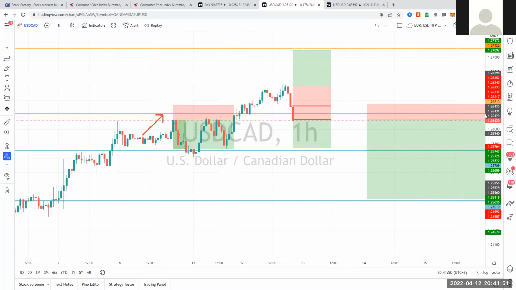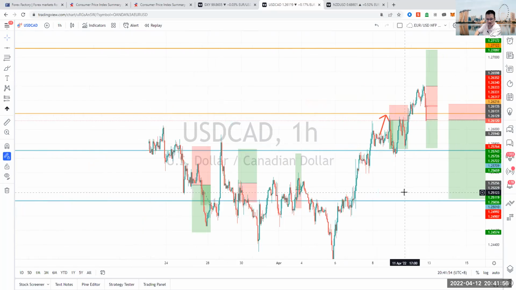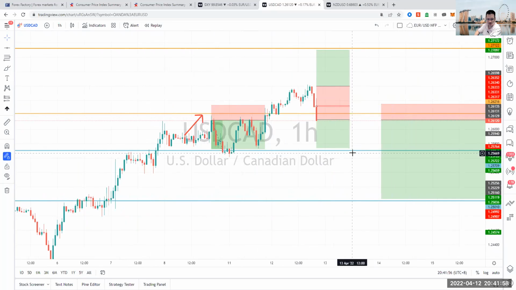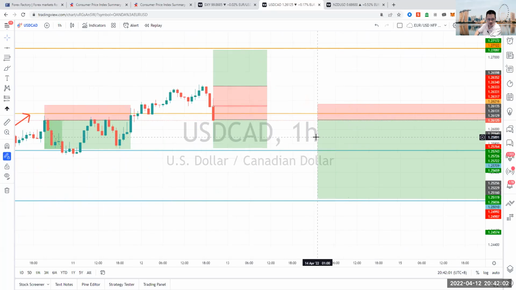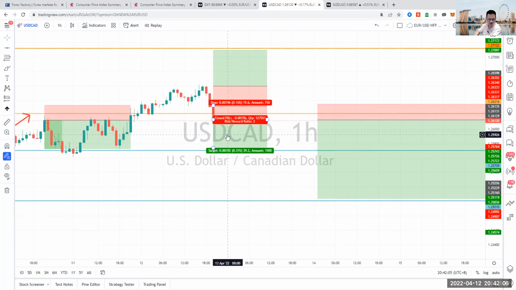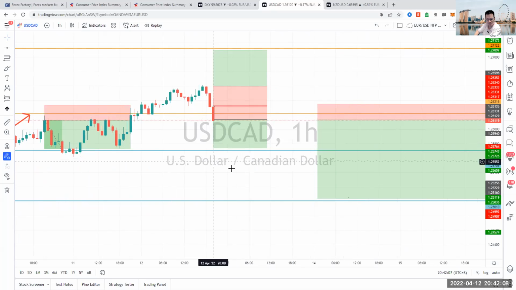So this one, bear in mind, look at what's happened. It's a big counter move, so I do think that it can come down, but just be careful. This is a 40 pip downward move.